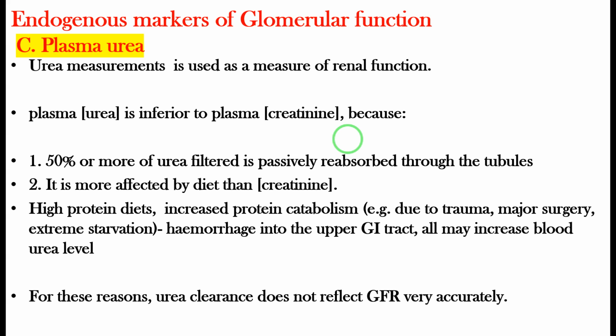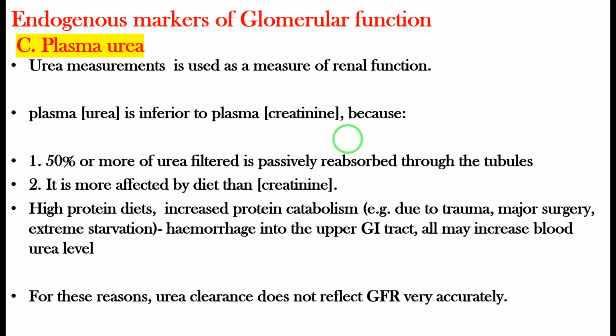Any increase in protein catabolism will lead to an increase in the urea concentration, for example after trauma, after major surgery, and bleeding in the GIT will also increase the blood urea level. So all these add to the inaccuracy of plasma urea concentration as a measure of glomerular function.